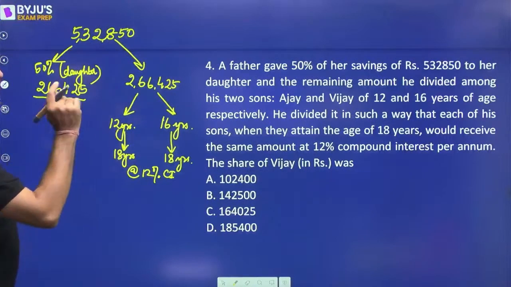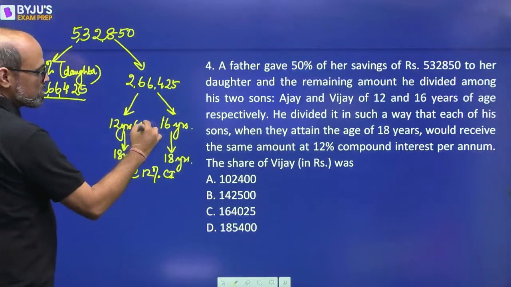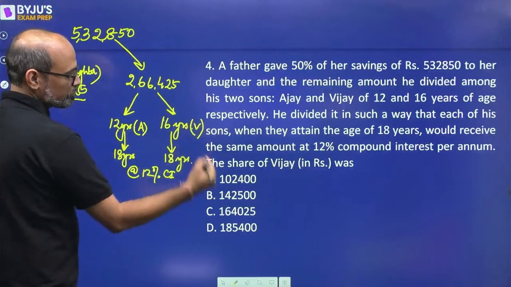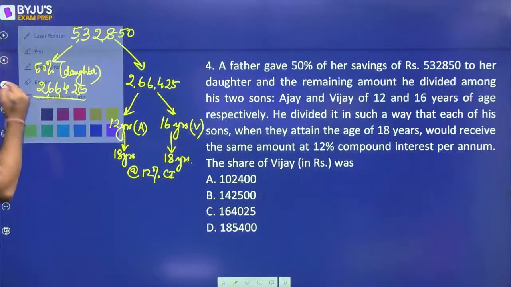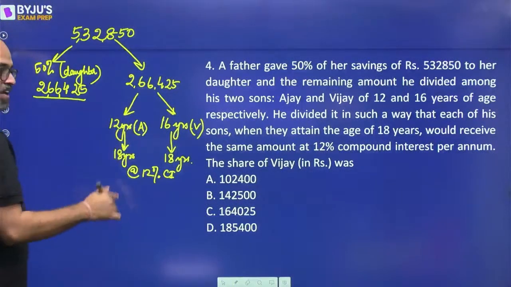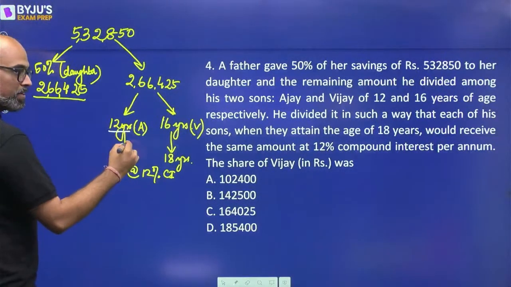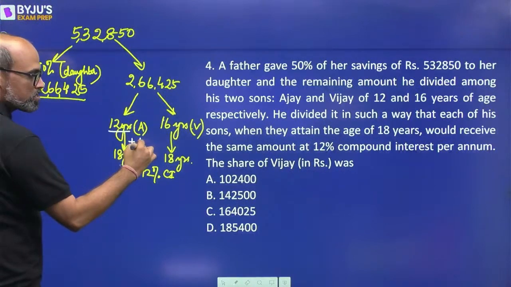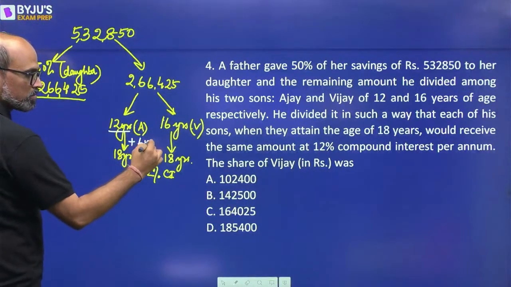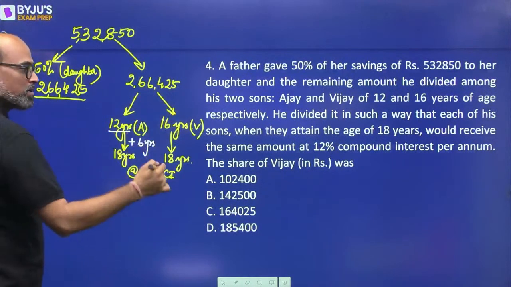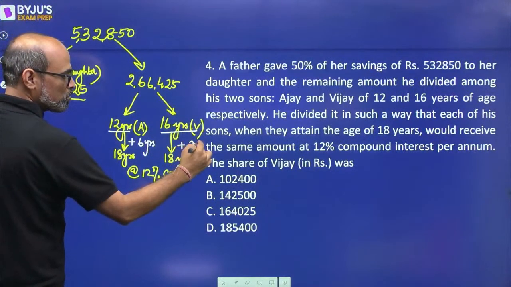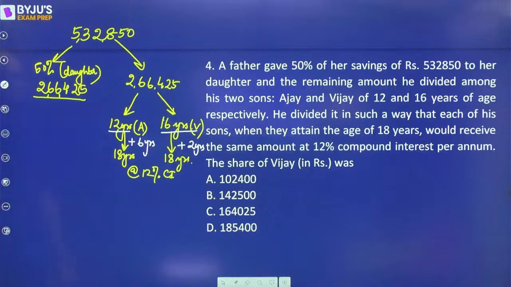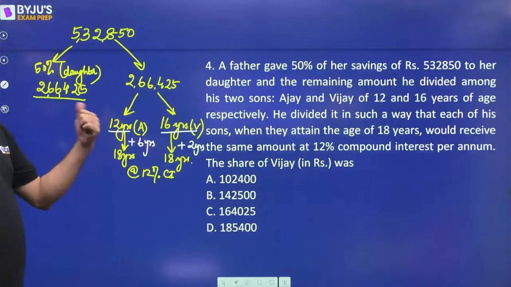This 12-year-old is Ajay and this 16-year-old is Vijay. Okay. So what we will see here is कि Ajay का जो भी amount will be given, that is going to work for 6 years. वो 6 years में बढ़ेगा. And Vijay ka whatever amount is given, it will get only 2 years to increase. So we need to find out कि कितना होना चाहिए.